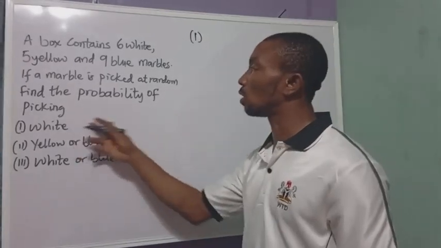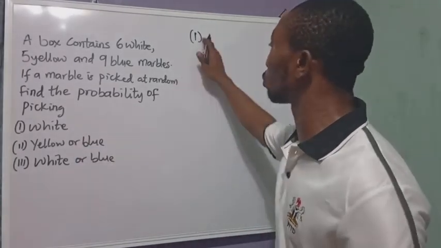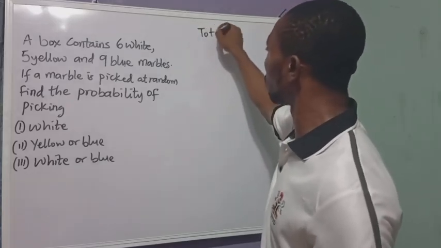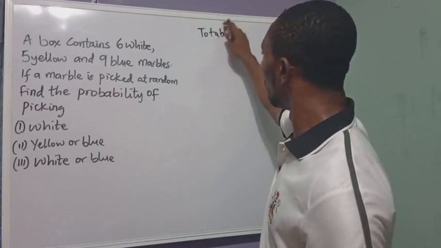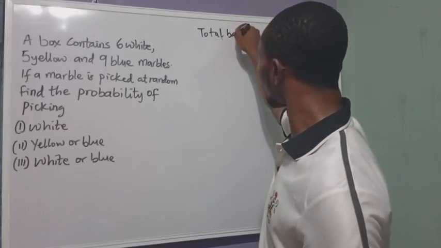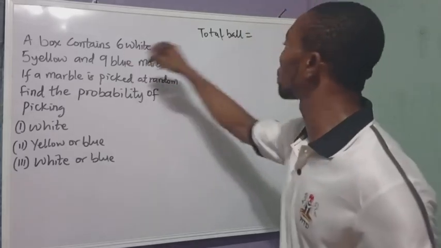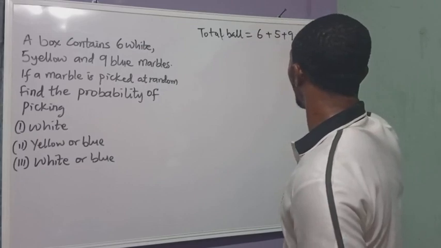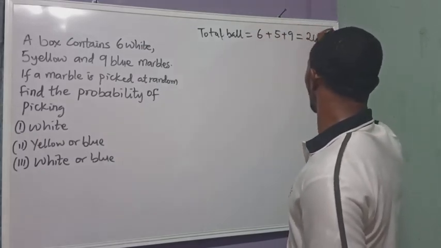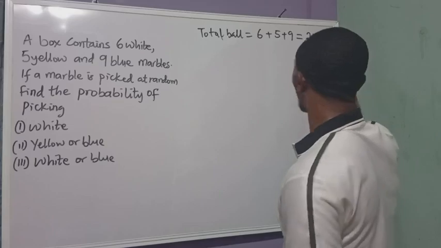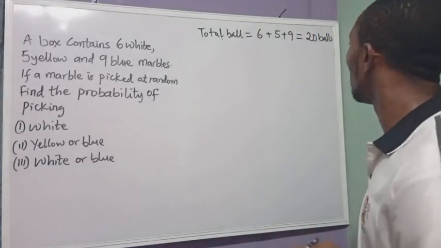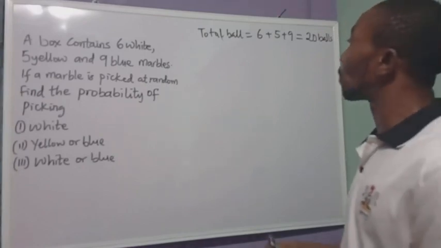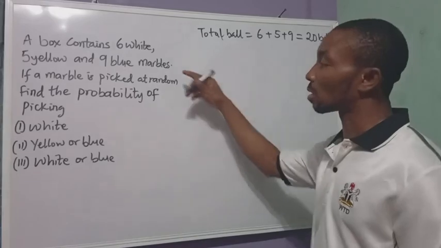So for question 1, we need the probability of white. First we calculate the total. Our total balls equal 6 plus 5 plus 9, which gives us 11 plus 9, 20 balls. So we have 20 balls in the box.